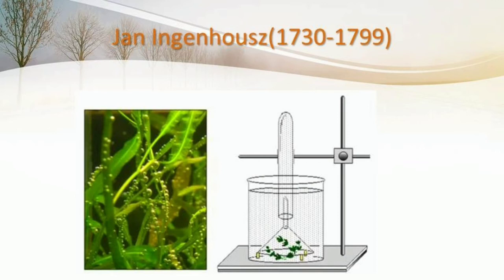Later he identified these bubbles to be those of oxygen. So he concluded that only the green parts of the plants can release oxygen. In the left side of the picture you see bubbles, and the experiment is conducted in an apparatus on the right side.